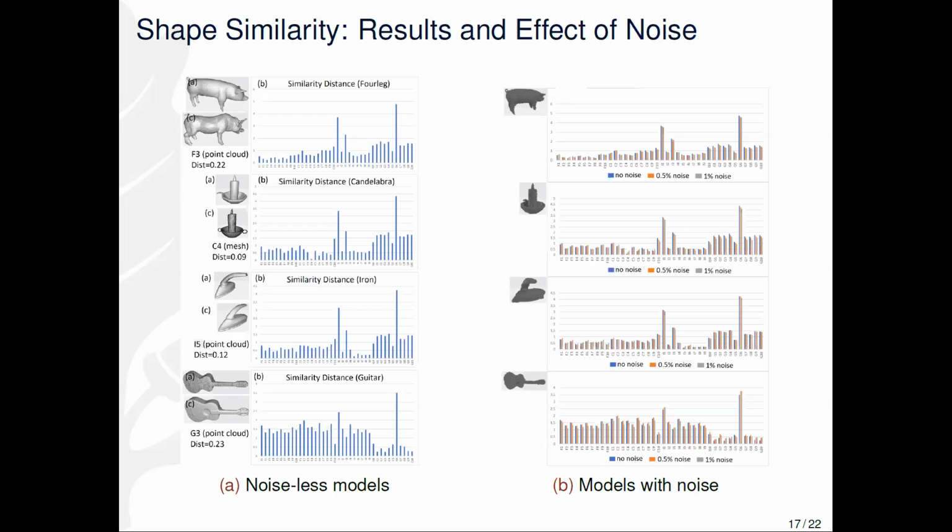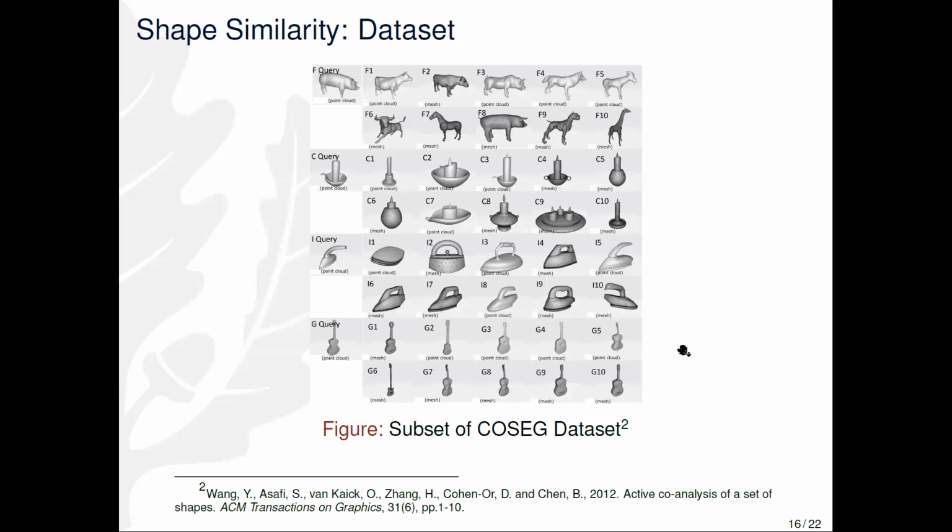We still haven't found a benchmark data set that can compare the methods together. By heterogeneous, you mean in terms of representation? Yes, the data consists of different representations. Here it contains point cloud and boundary mesh models.